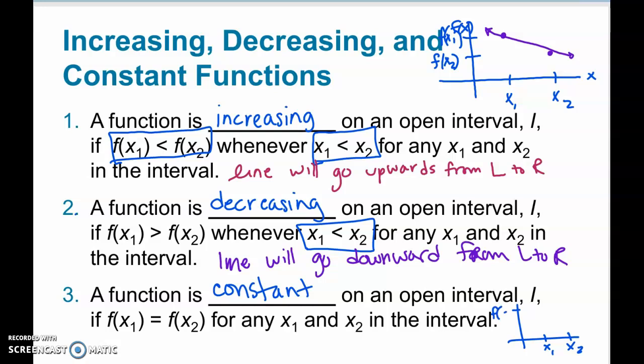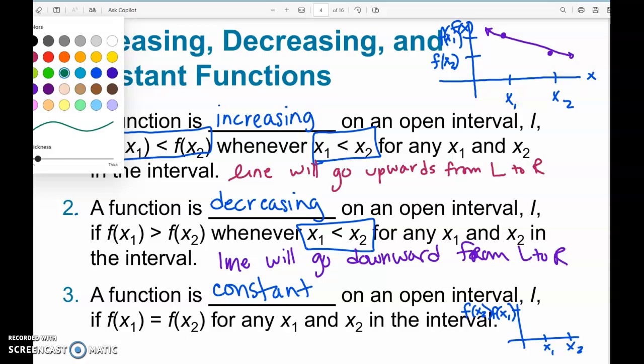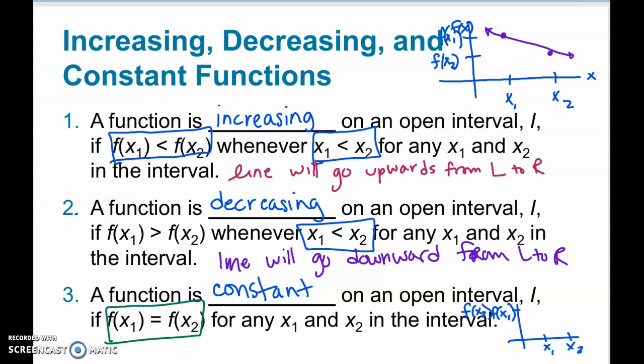But if the outputs are constant or equal, meaning they're at the same part. So this here means there's the same output. So here and here. That creates a horizontal line. And so the line will remain the same. It doesn't go up and it doesn't go down. So it will remain the same from left to right.